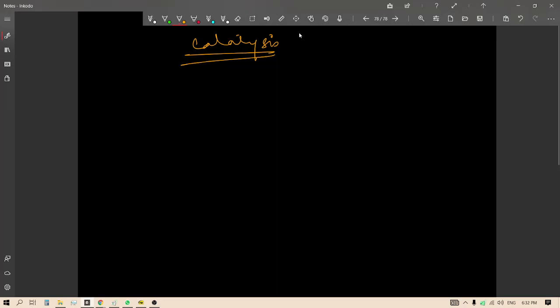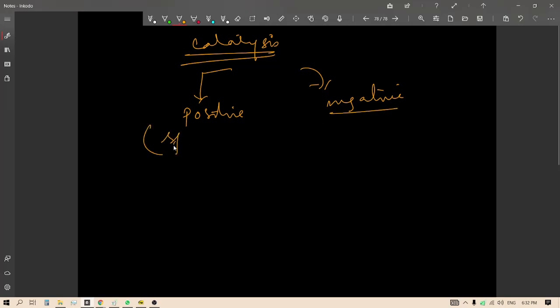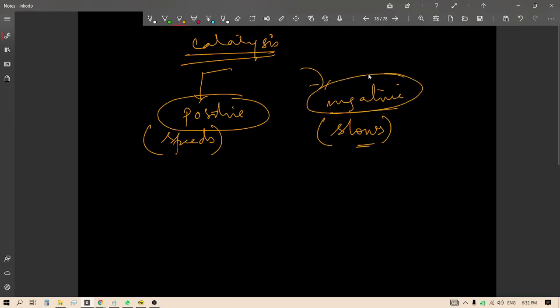Now we have learned that catalysts are chemical substances which are added to a chemical reaction in order to change the speed of the reaction. Catalysts are of two types: positive catalyst and negative catalyst. What does a positive catalyst do? It speeds up the reaction. What does a negative catalyst do? It slows down the reaction.